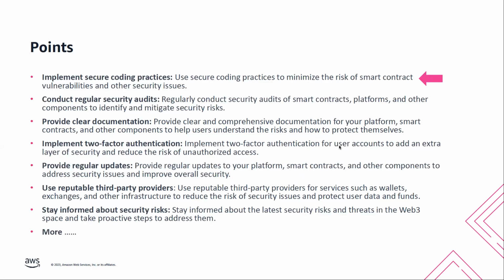As a builder, you need to protect your community and your users as well. There are certain ways that you need to be careful, so I will try to elaborate on some points. For example, you need to secure the code. You try your best to reduce the risk in your smart contract.